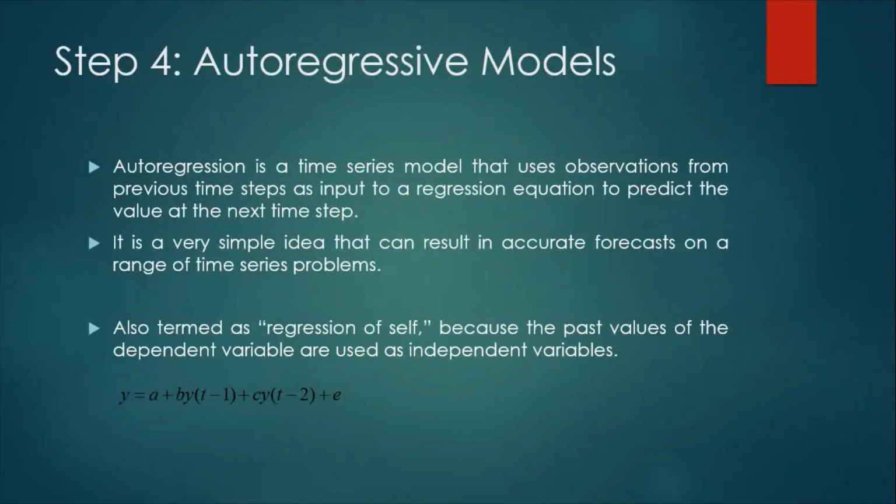It is also termed regression of self because a variable is essentially tested on its own lags. Because the past values of the dependent variable are used as independent variables, here you can see that this is y, and this is the slope coefficient, and a lag of y, and then another lag of y is used.